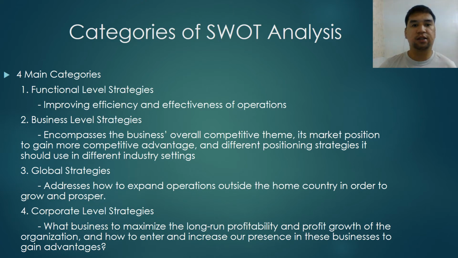Third, global strategies, which address how to expand operations outside the home country in order to grow and prosper. Fourth, corporate level strategies: what businesses to be in to maximize the long-run profitability and profit growth of the organization, and how to enter and increase our presence in these businesses to gain advantages.